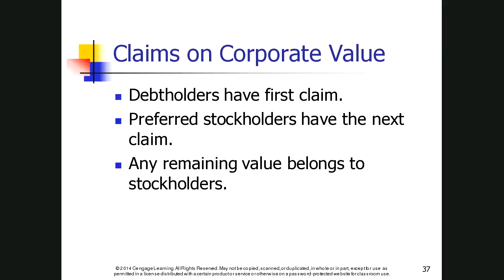Okay, so with all the value of the firm's operations, who are the ones going to claim on it? So first of all, the debt holders, they can have a claim.